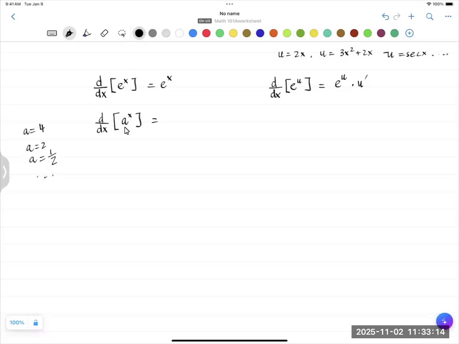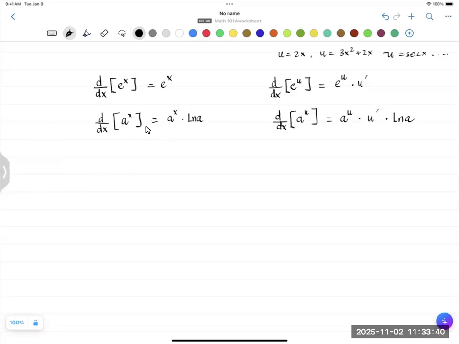So when you have the derivative of any number raised to the power x, you're going to have a to the power x times ln a. And if you have a chain rule, then instead of a to the power x, you will have a to the power u, but of course, you're going to have to take u prime, and then add a little bit more, which is ln a. Okay, so this is the derivative of exponent.